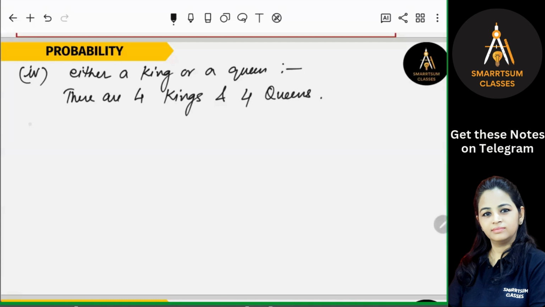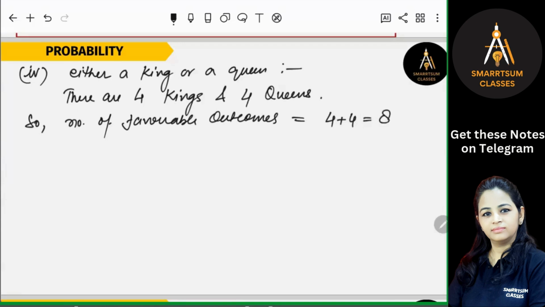That means the total number of favorable outcomes, which are kings and queens, will be 4 plus 4. That is 8, right? And we already know that the total number of possible outcomes is 52 in the 52 cards deck, right?